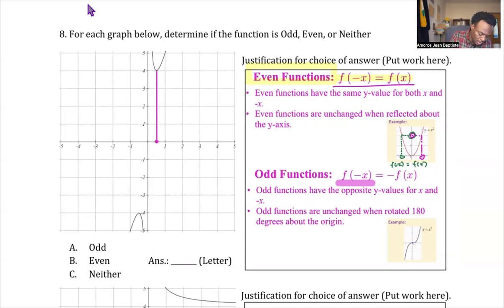So let me call this x equals 1/2. Over here, I would look for the negative x. The negative x will be -1/2, right? It's this.